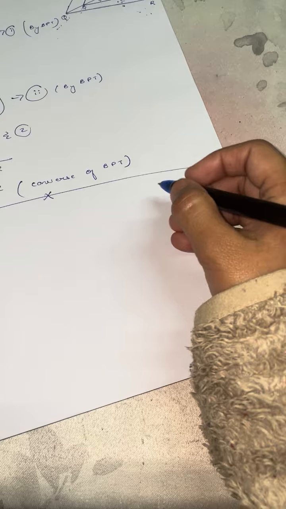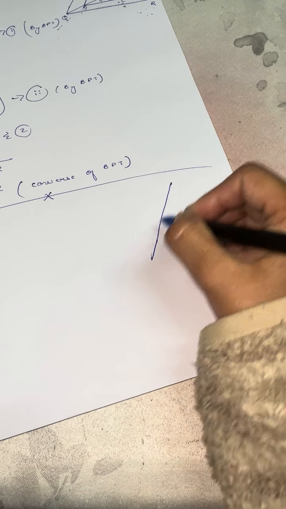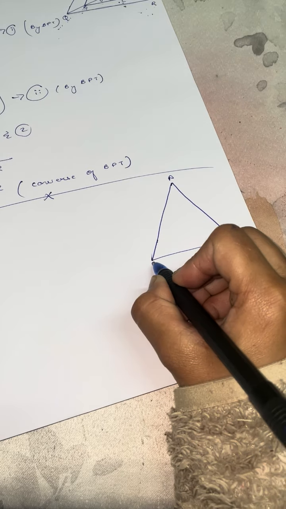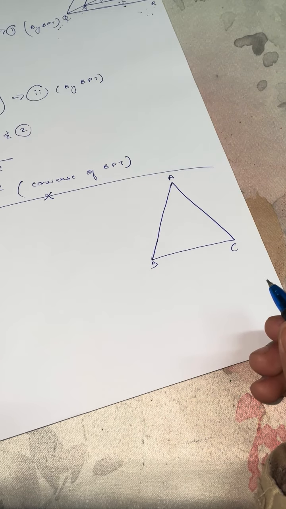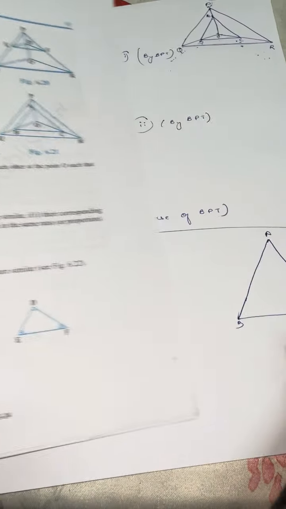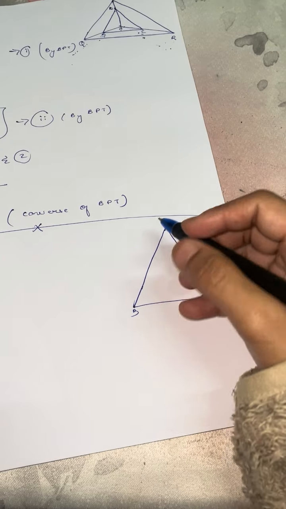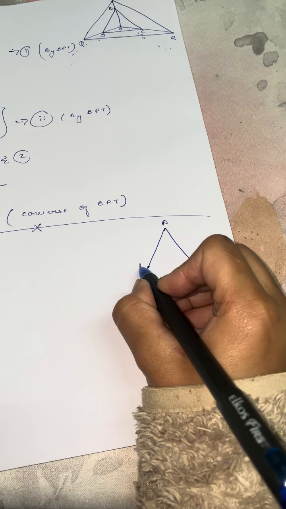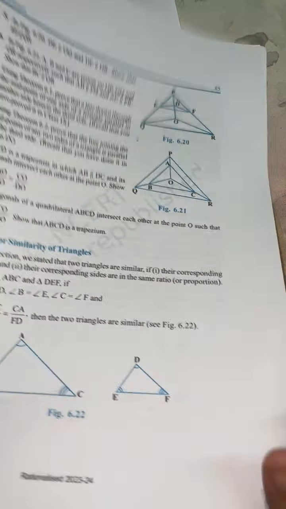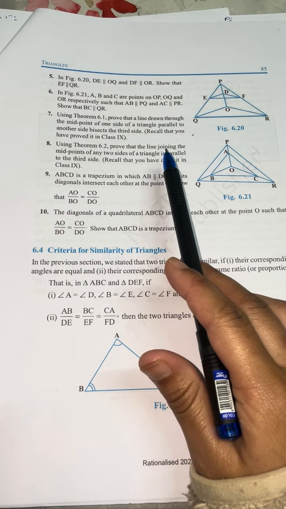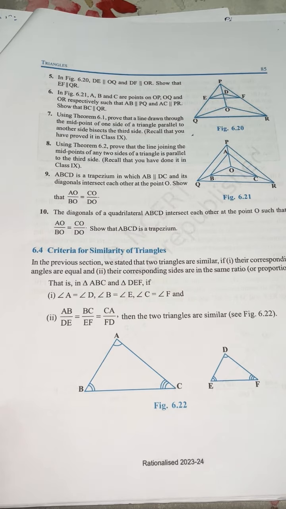So let's draw the midpoint here, I call it D. On one side of a triangle, parallel to the other side.